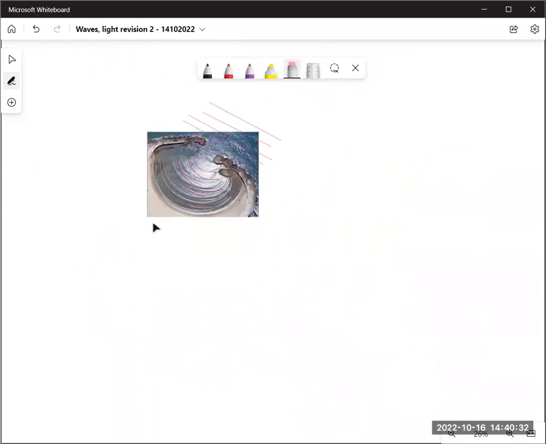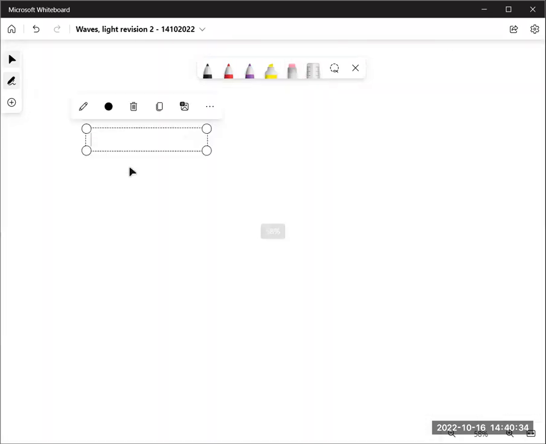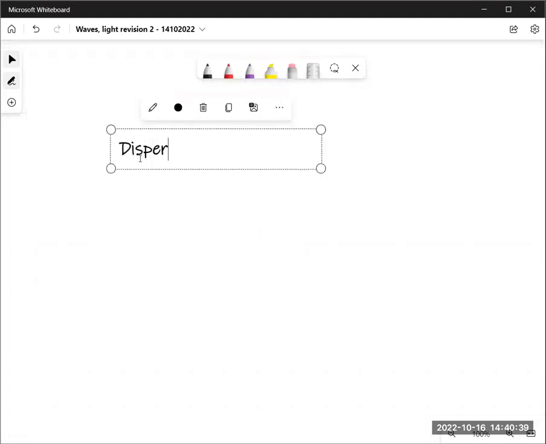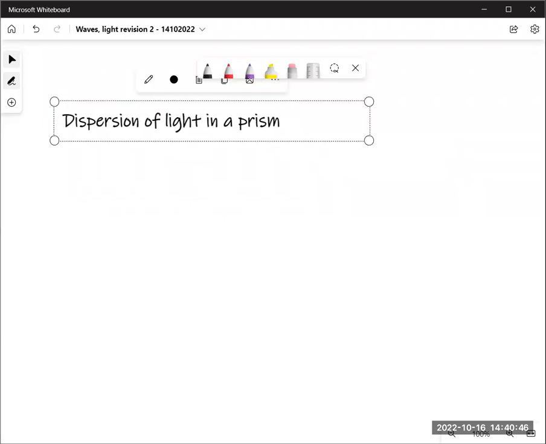Now the next thing is to look at something called dispersion of light in a prism. I'll show you in a diagram. First diagram is this one right here.